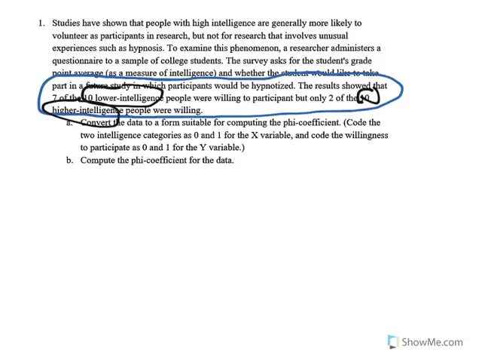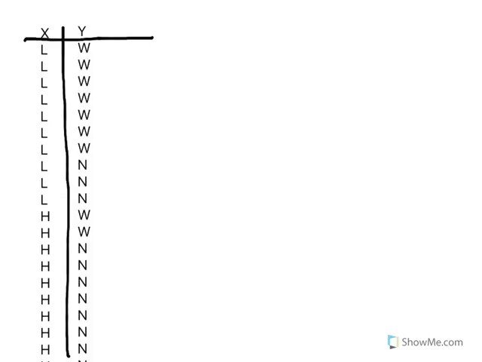Now we are looking for y, and that is the 7 who were willing to participate, and the 2 of the higher intelligent people that were willing to participate. So we have here our 7 of the lower, so that's y, that were willing to participate, so they got a W right here.